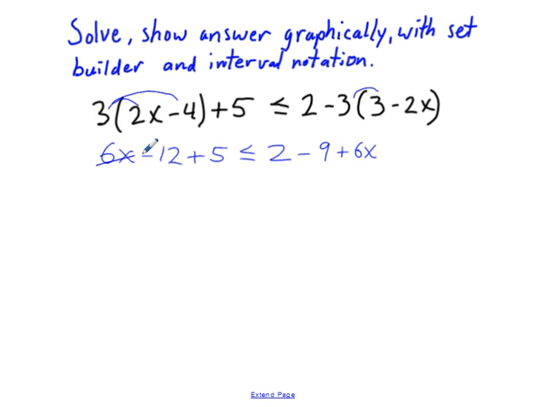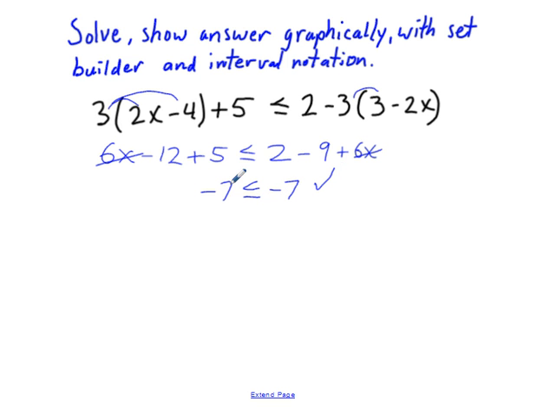And the 6x and 6x cancel on each side of the inequality. On the left side we have negative 12 plus 5 is negative 7, and that's less than or equal to 2 minus 9, which is also negative 7. Now question, is this a true statement? Is negative 7 less than or equal to negative 7?